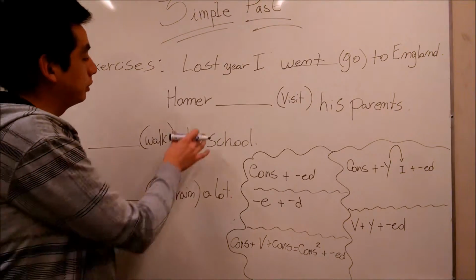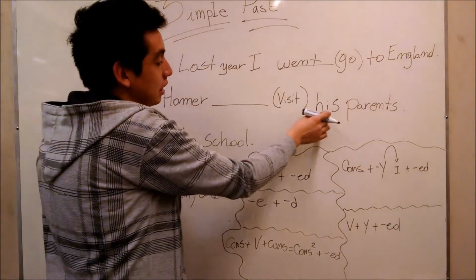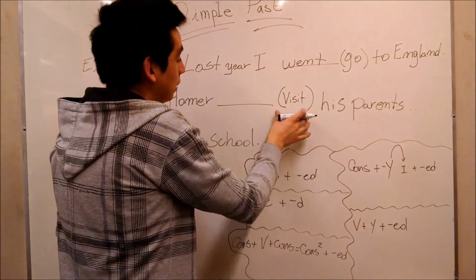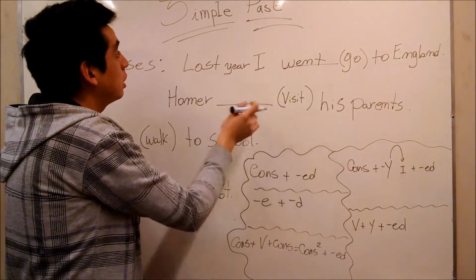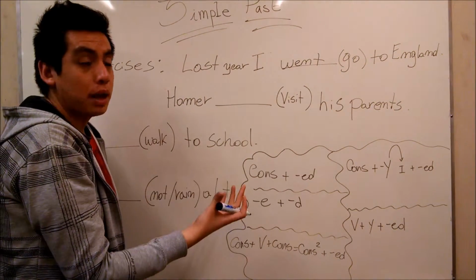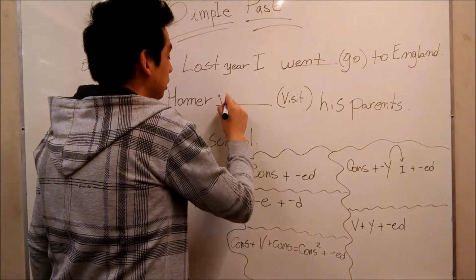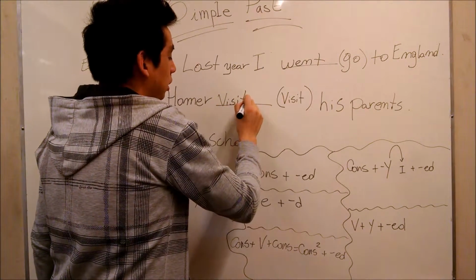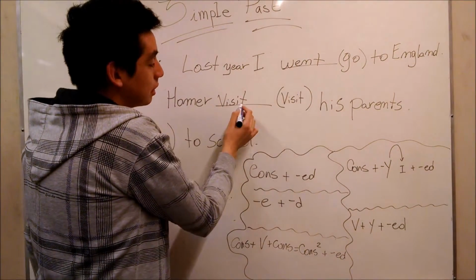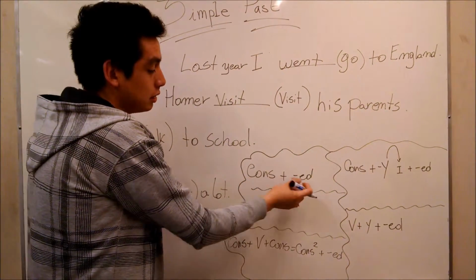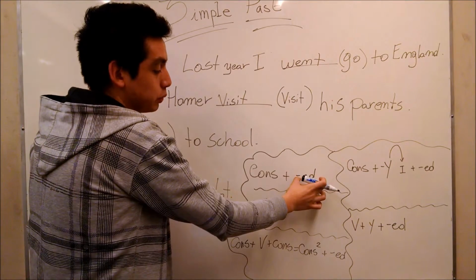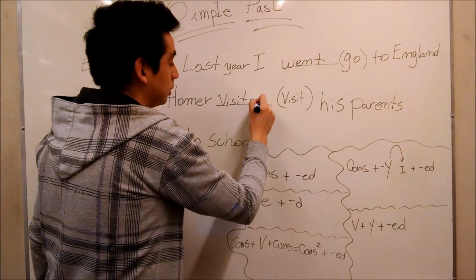Then we have: Homer visit his parents. In this case, visit is our infinitive verb, so we have to put it in past. Visit ends with T, a consonant, so we have to put ed at the end.